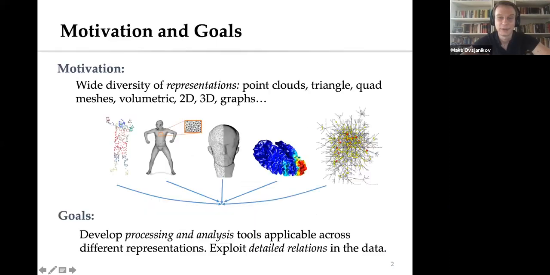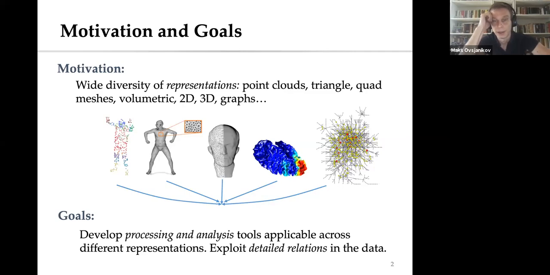The motivation for the work that my colleagues and I have been doing for the past 5 to 10 years is that when you're dealing with geometry, there are many different kinds of representations. You can have shapes represented as point clouds, triangle or quad meshes. Sometimes you have volumetric representations, which are common in medical imaging, for example, or even graphs that don't have an embedding.